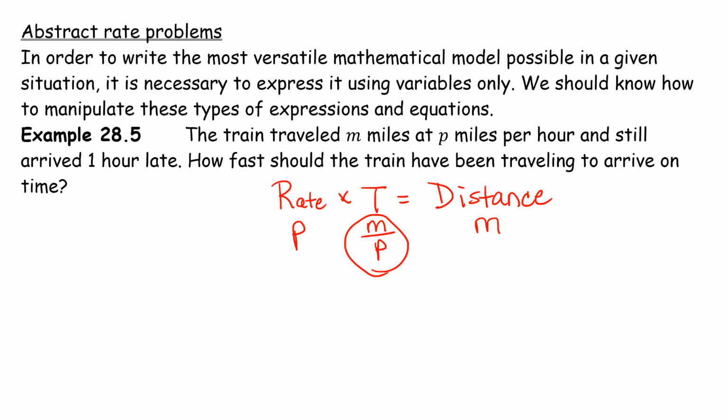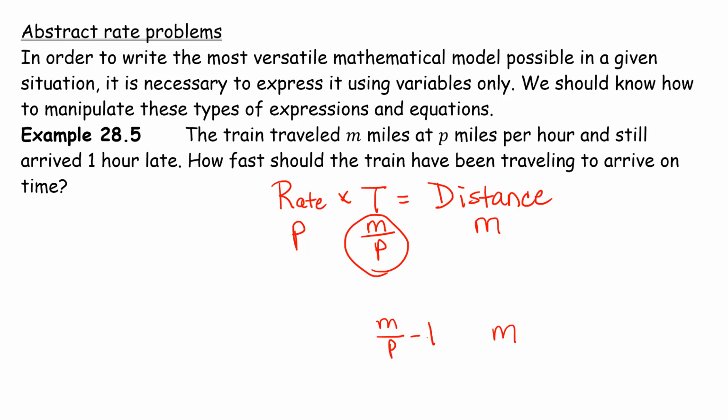So in your new situation, you want your time to be m over p minus 1. You don't want it to be m over p. That was too much. Subtract 1 from it. That's the time you want. You still want the distance to be m. And the question is, what rate would you need to make that happen? And so now you can figure out the rate because you've got the distance and you have the time.